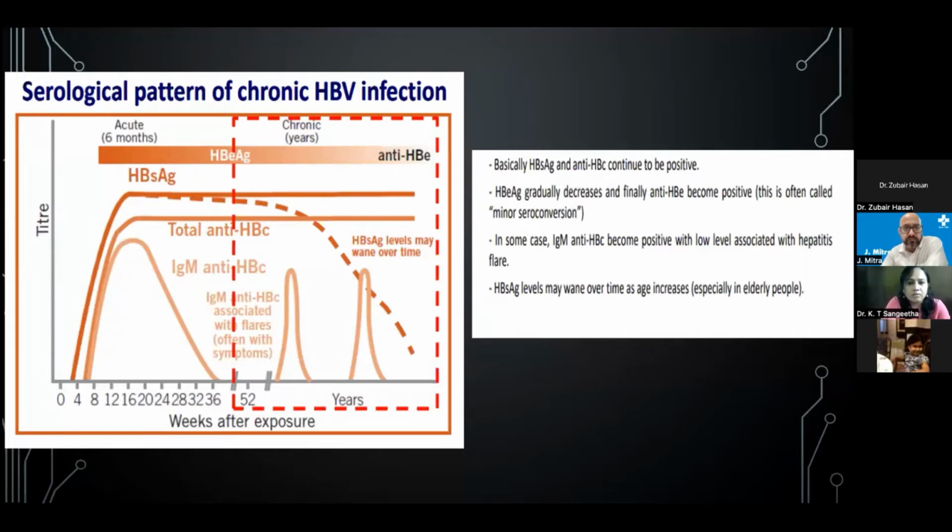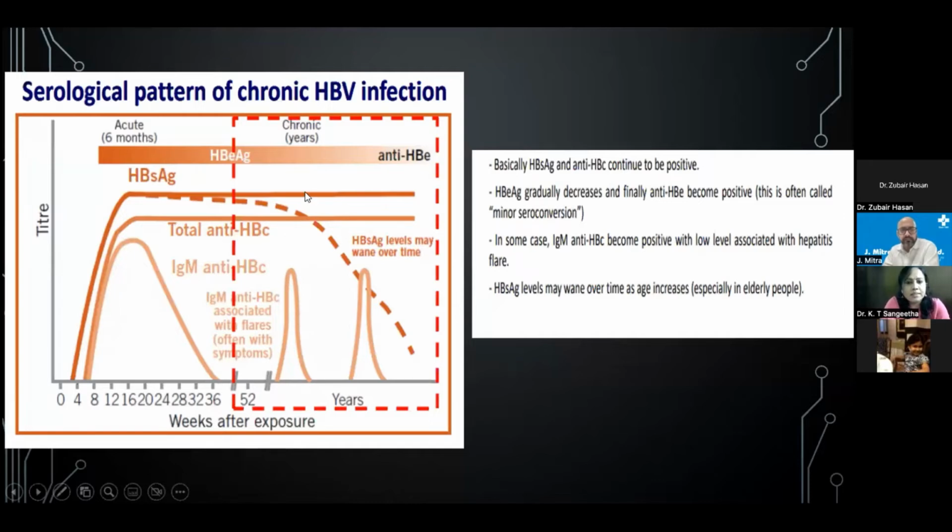These two are very good markers when it comes to chronic infection. But there are different phases in chronic infection, so we need more markers to get into the details. IgM anti-HBc is more commonly seen in recent or acute infection, but in some cases of chronic infection, IgM anti-HBc becomes positive at a low level, associated with a hepatitis flare.